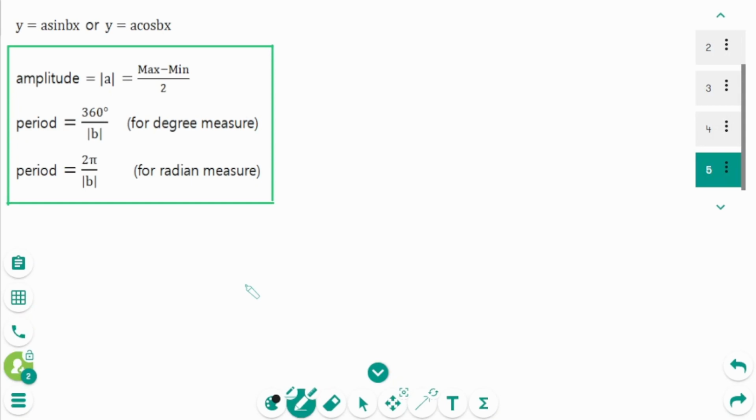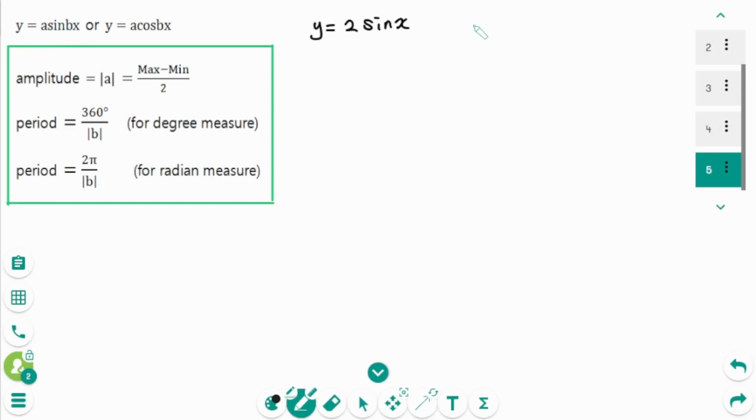From now on, let's look at how to find the amplitude or period when knowing the equation of the sine graph or cosine graph. Let's consider the shape y equals a sine bx or y equals a cosine bx. We already know the formulas for the period and amplitude. Remember these formulas. Use the formula about y equals a sine bx.